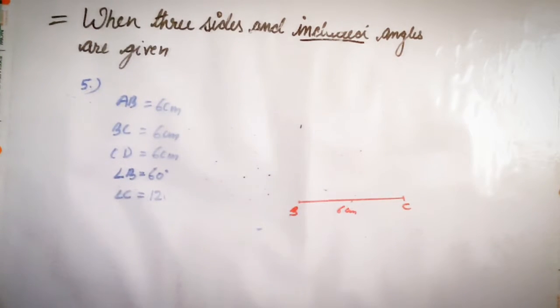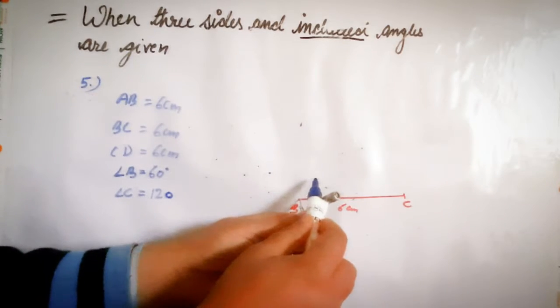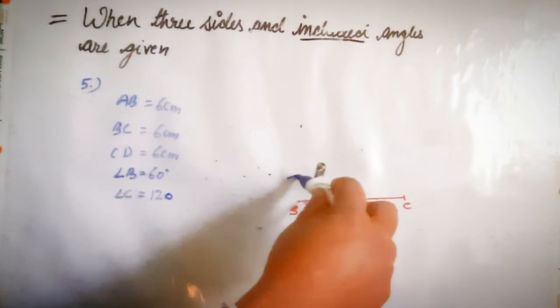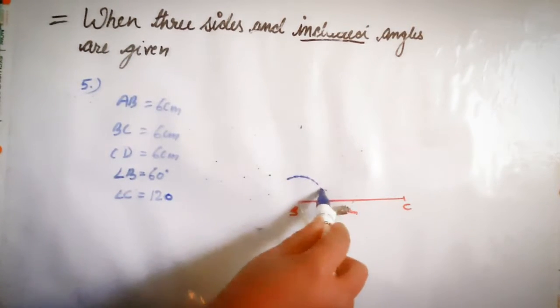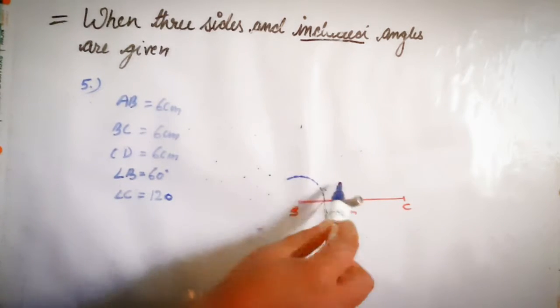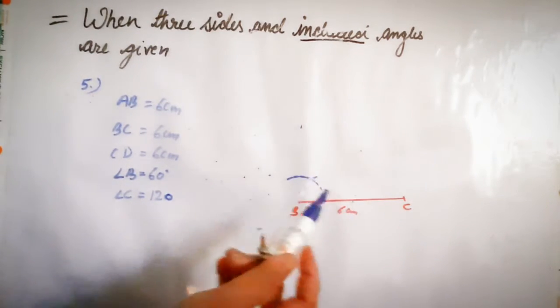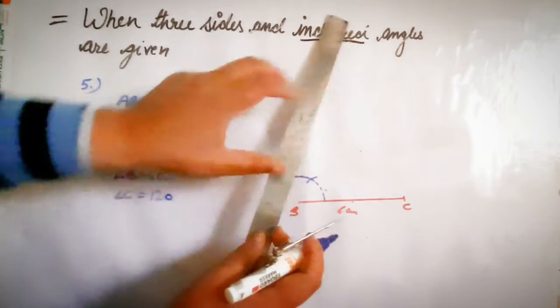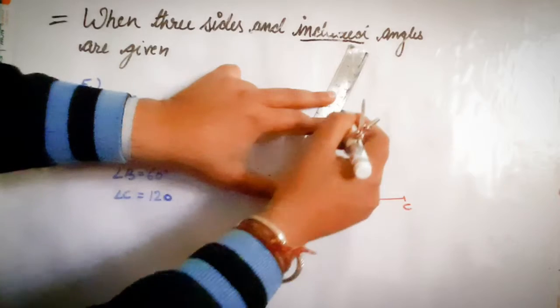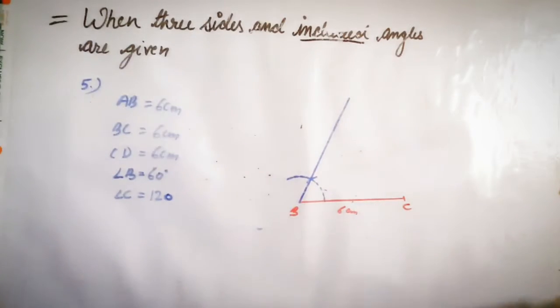First of all, on B, draw an angle of 60 degrees. Keep the compass opening small, place it on B and draw an arc. Keep it the same, place it on the initial point and draw the first cut. This is equal to 60 degrees.